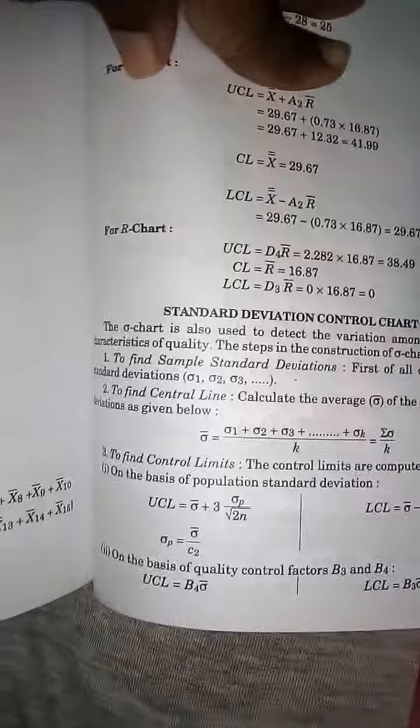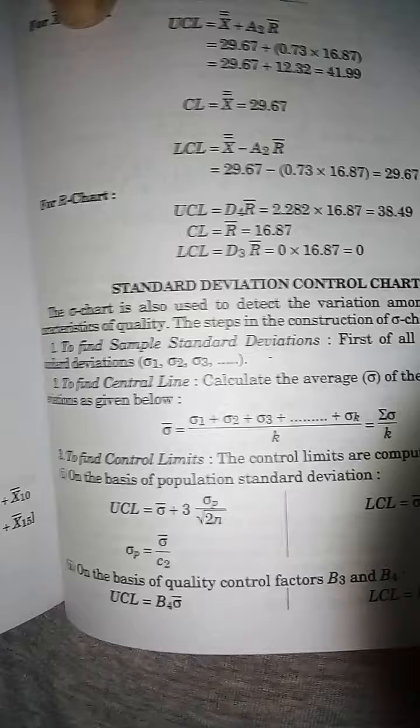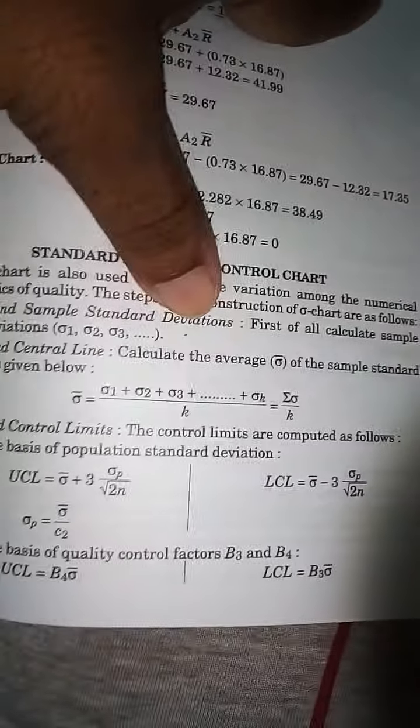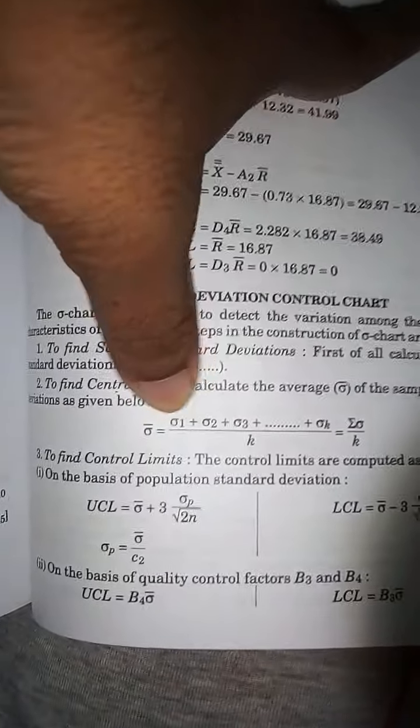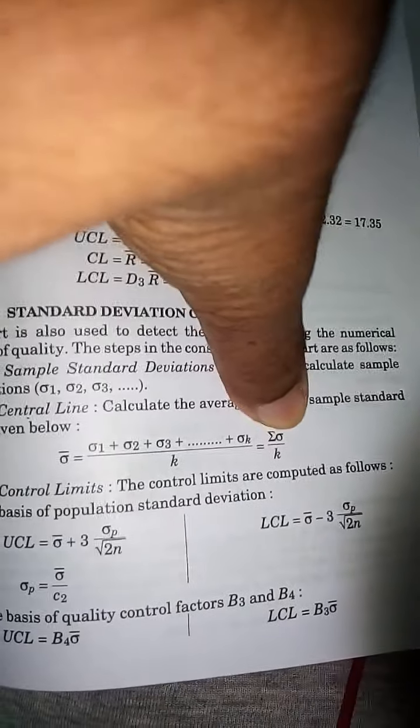Now let's go through the standard deviation control chart, the third method of control chart for variables. Here we need to calculate standard deviation 1, 2, 3; standard deviation bar equals standard deviation 1 plus 2 plus 3, that is sigma standard deviation divided by k.